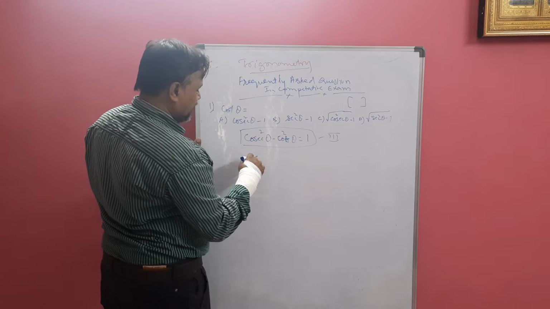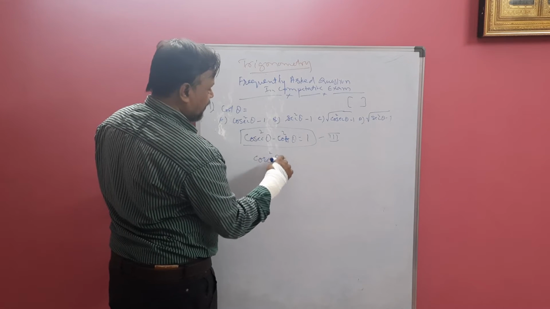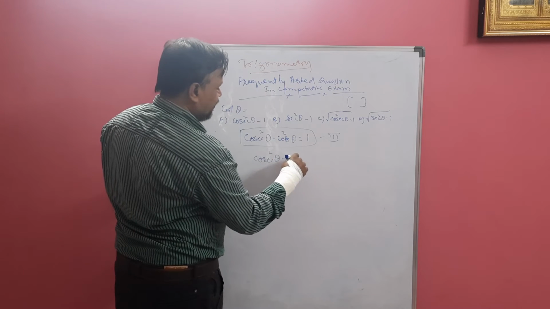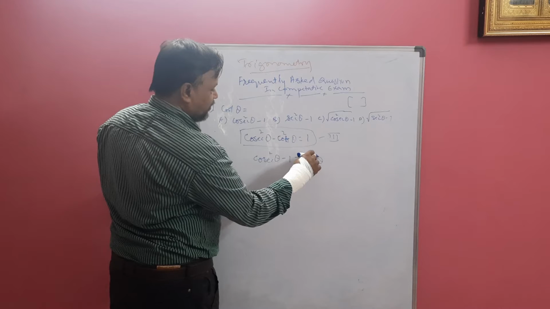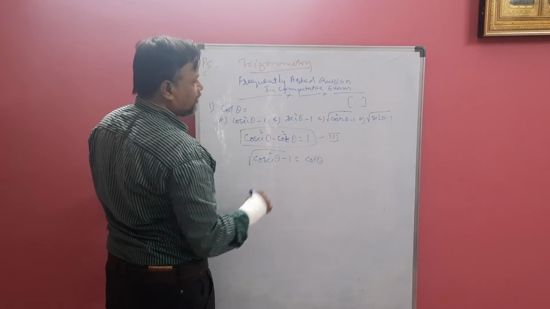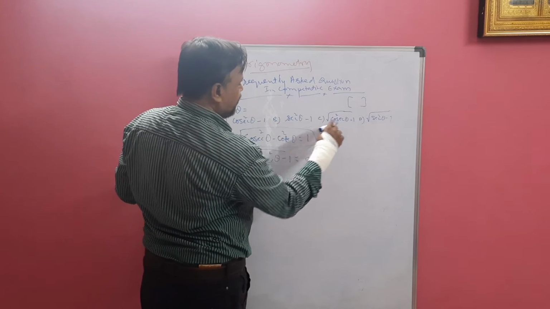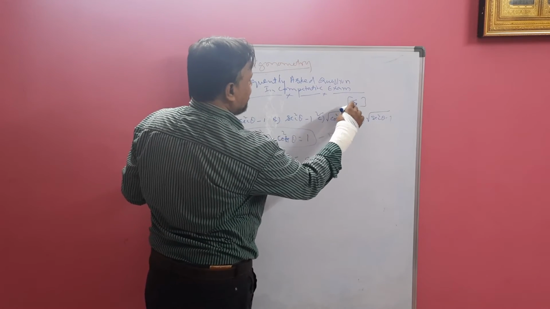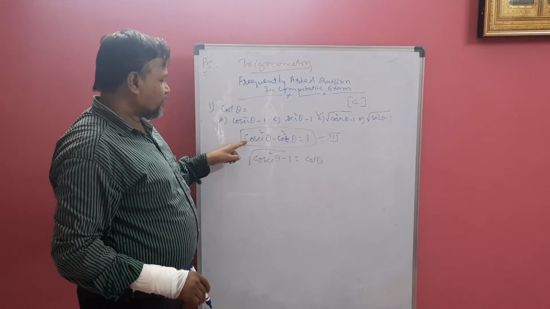So this is nothing but cosec square theta minus 1 equal to cot square theta. Cot square, remove this square, put root here. So root over cosec square theta minus 1 is the solution of this question. So cot is related to cosec.